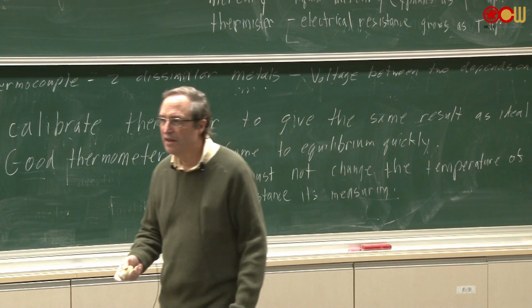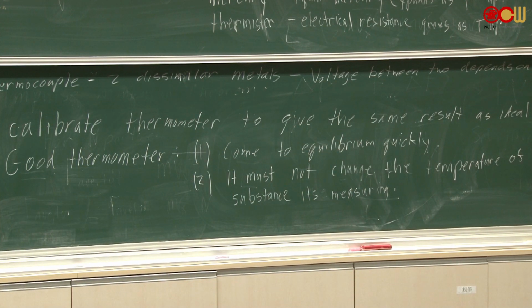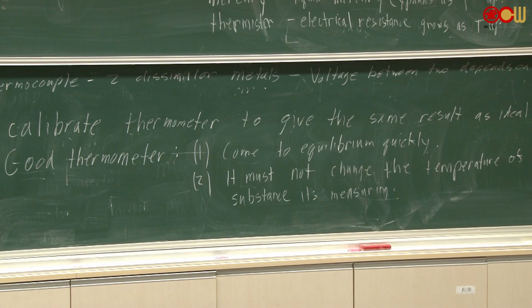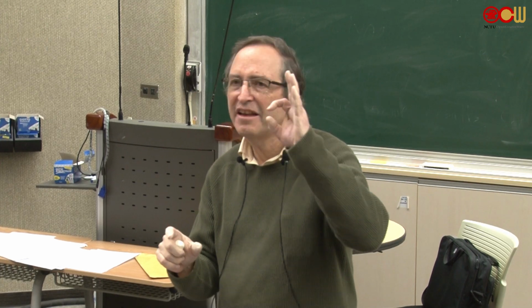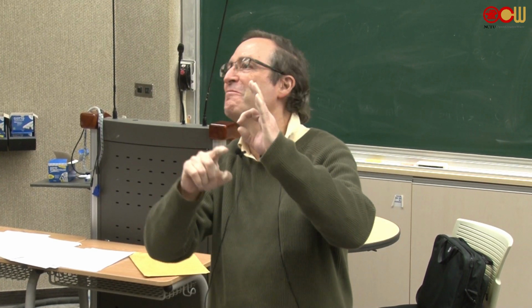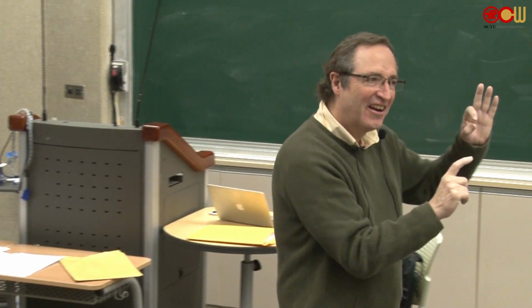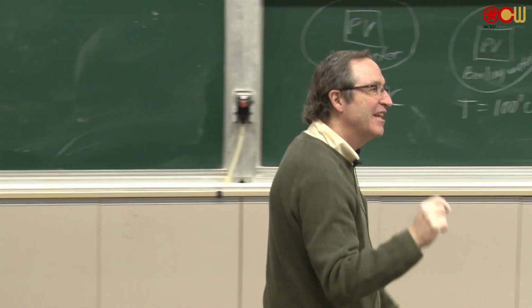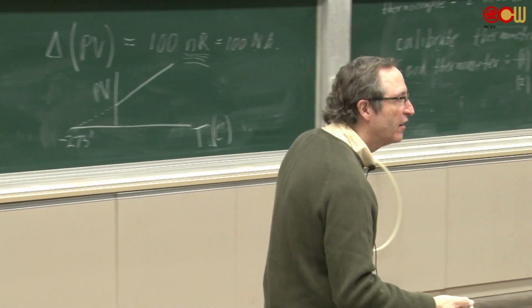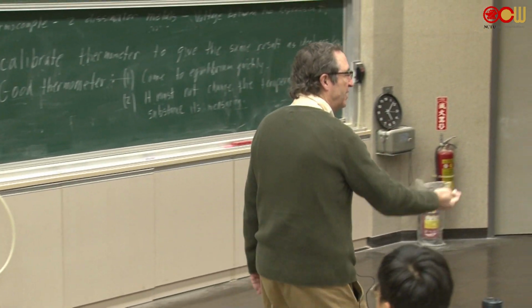For instance, if I have a thermometer this big, I can't use it to measure the temperature of a tiny little thing. It's too big. That tiny little thing will come to the temperature of the thermometer, not the other way around. So the thermometer typically has to be much smaller than the thing you're measuring.